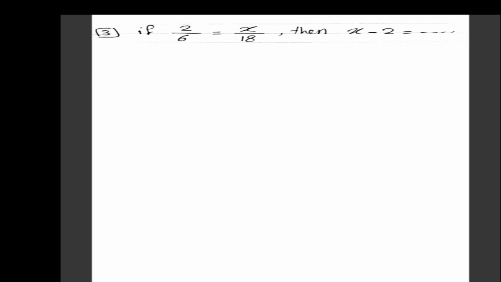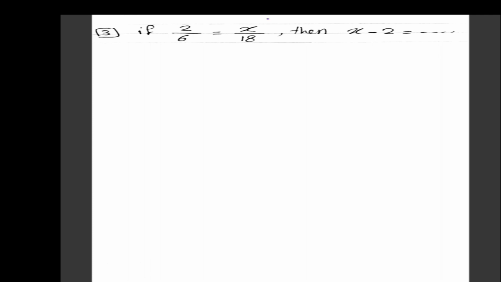In example number 3, he says that 2 to 6, or 2 over 6, equals x to 18, then x minus 2 equals what? Here in the proportion we have only x. So we will get the value of x and then compute x minus 2.